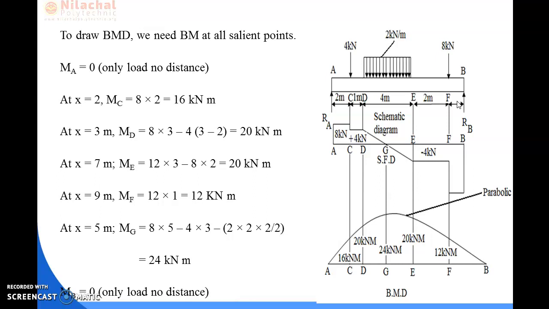So 12 into 1, that is 12 kilonewton meter, which is the value of bending moment at point F.